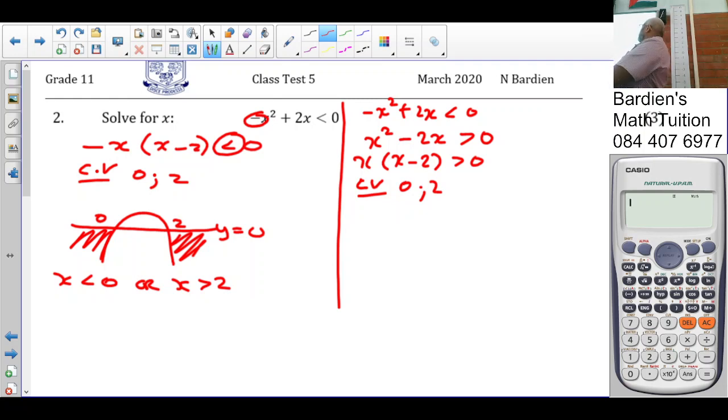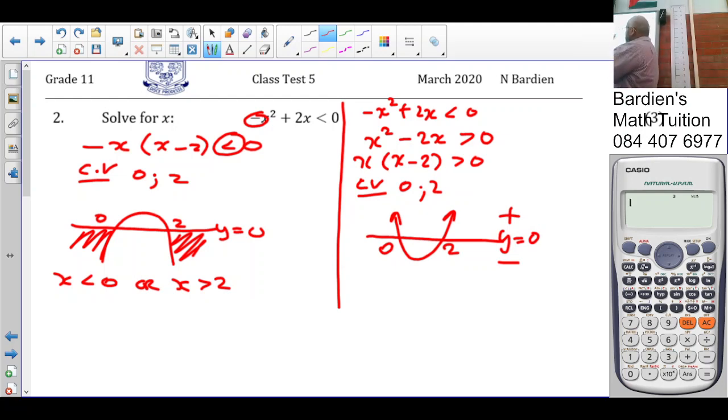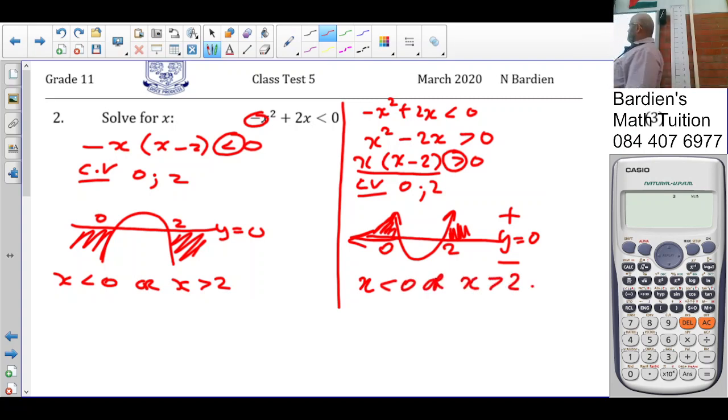If we had to use the quadratic equation, go straight to critical values 0 and 2. So here the graph is smiling, you've got 0 and 2. That's y equal to 0, more than 0, less than 0. This inequality says the function must be more than 0. Again, it's above the line. You see that? Continuous or break in solution? A break. So the solutions are apart. So x is less than 0 or x is more than 2.